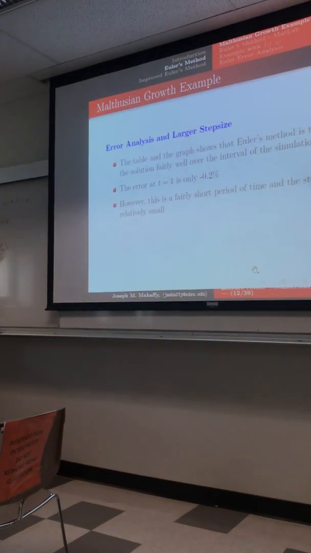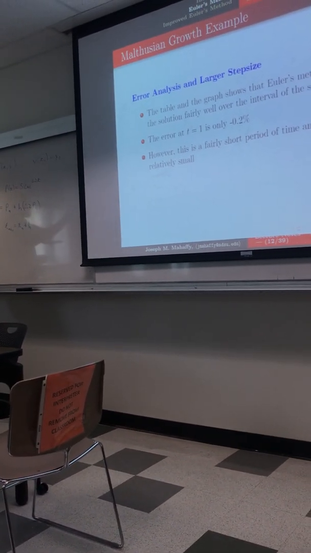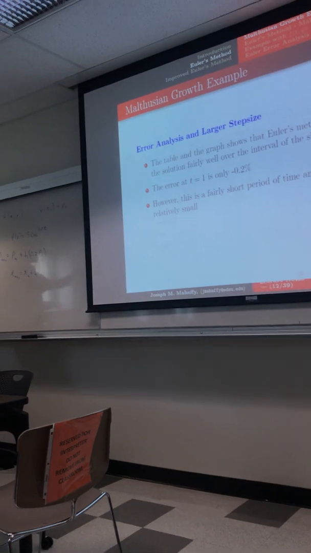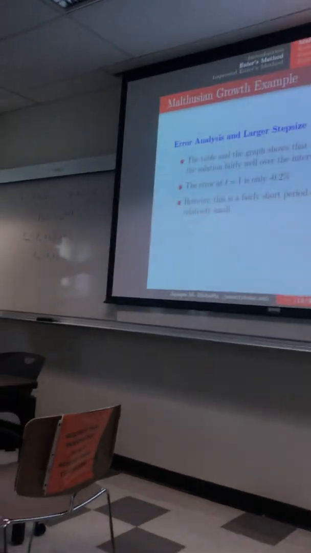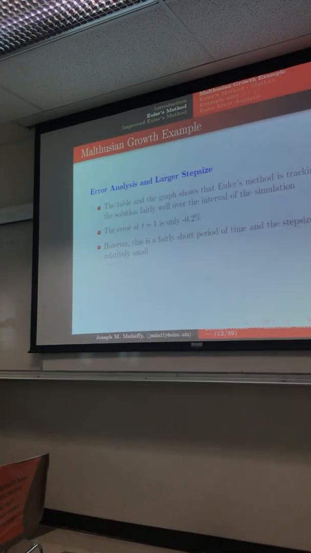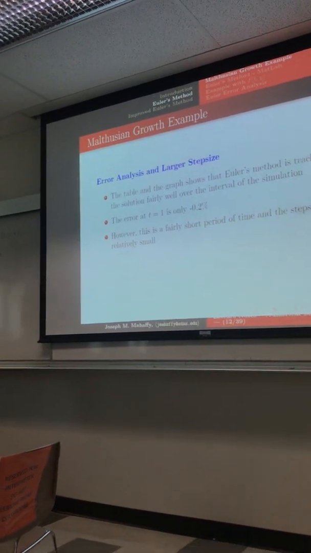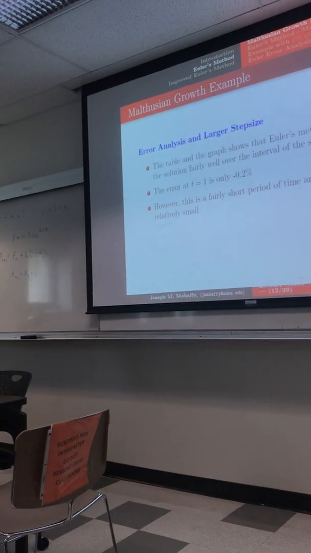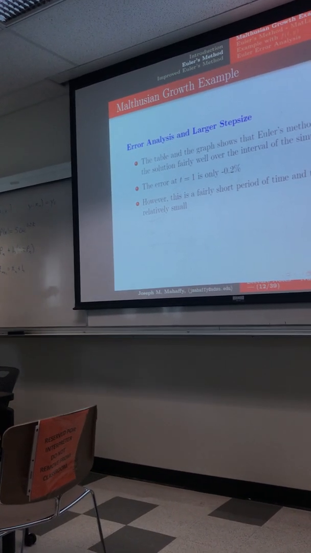It is undershooting, right? Because the exponential is concave upward, so the slope is always missing. The actual solution's always going to drop down. That's why we get that minus error. By the way, the error is always going to be what?